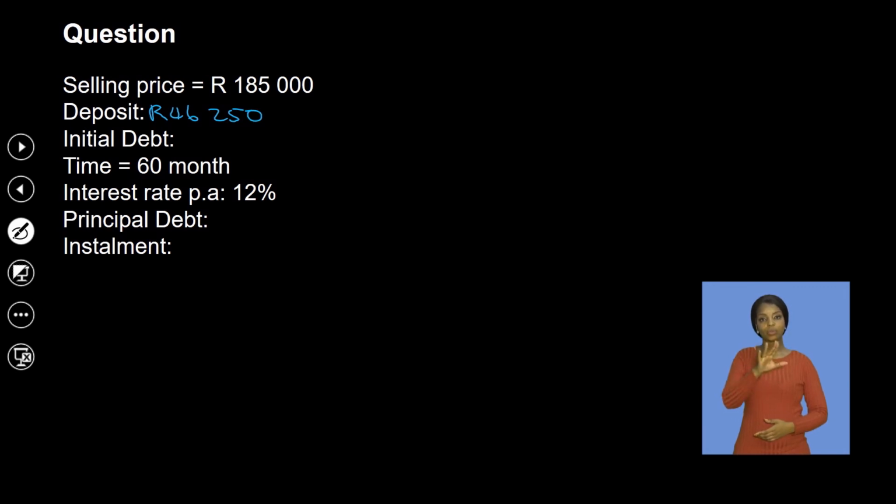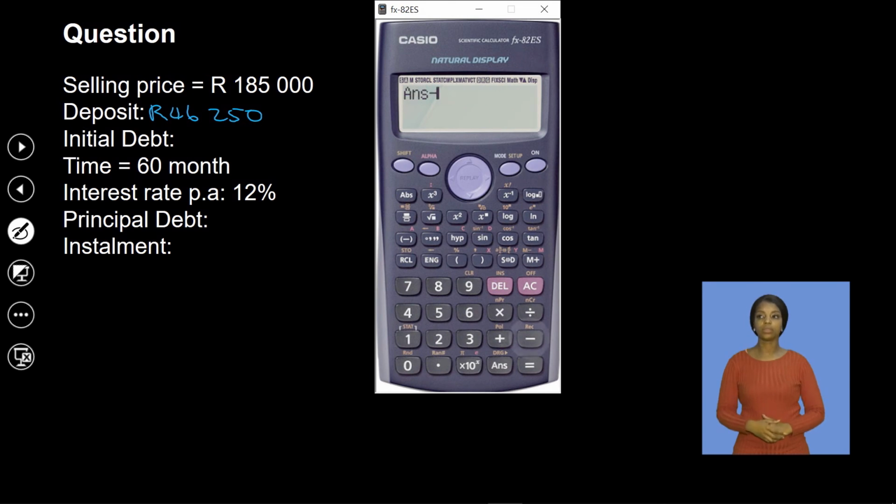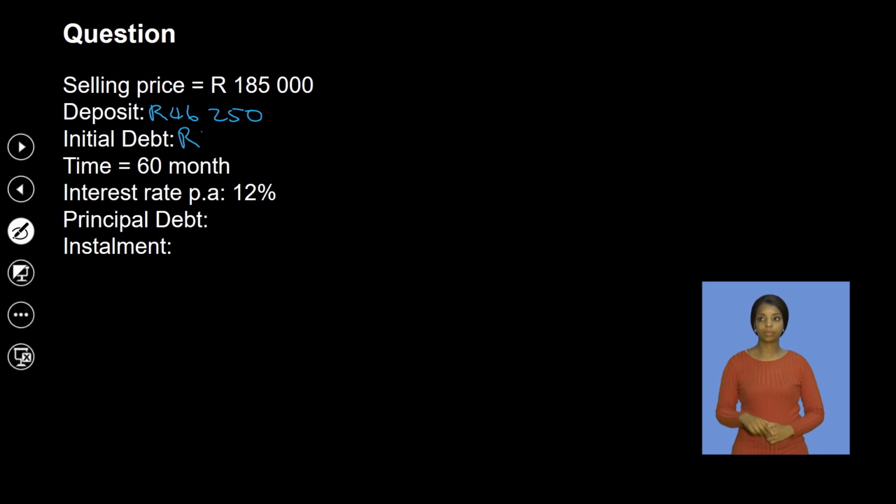Then it means the initial debt will then be this amount minus the 185,000, and it will give me 138,750, right? So this will be 138,750. So that's the initial amount that Maria actually borrowed from the bank or from the financing agent.